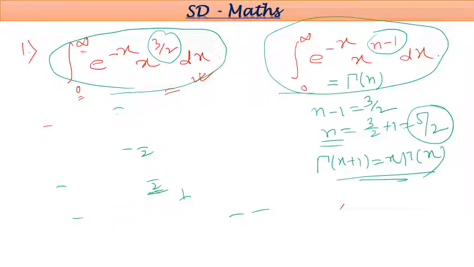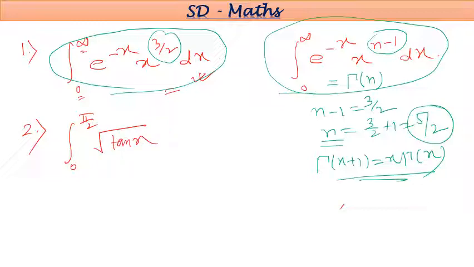So now look at our next problem. The next problem is integrate 0 to pi by 2 root tan x dx. Find out the value of this. Since the limit goes from 0 to pi by 2, it is obviously our beta function, right?